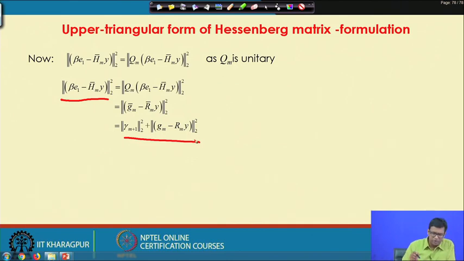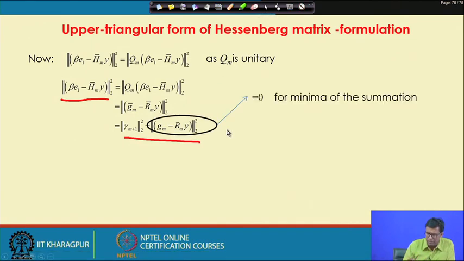So, this function can have a minima when the L2 norm of G m minus R m y is 0. This is the minima of the summation, right. So, the variable part is 0 and the constant part is still there. So, gamma m plus 1 square is the minimal value of this particular functional, and so with plane rotation it comes out very easily.